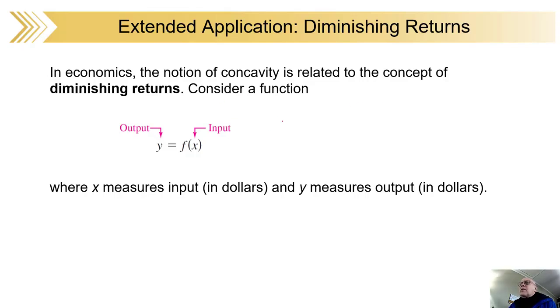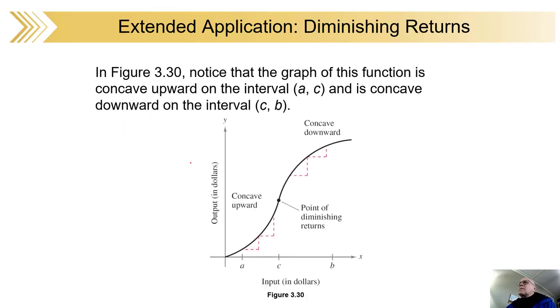So for example, this might represent the revenue, for example. And we want to see where the revenue stops increasing and starts decreasing. So we've got this in dollars as opposed to euros or something else.